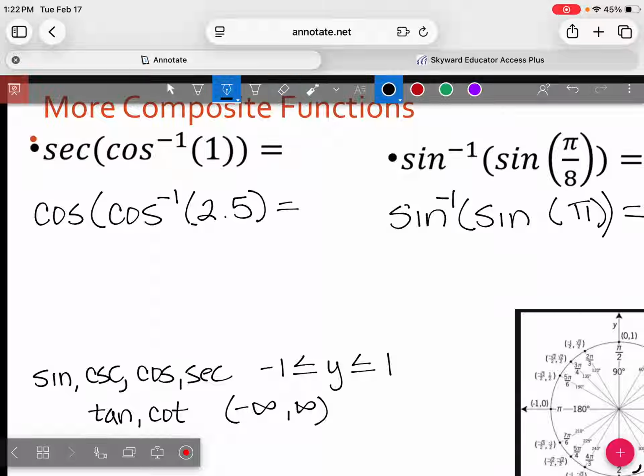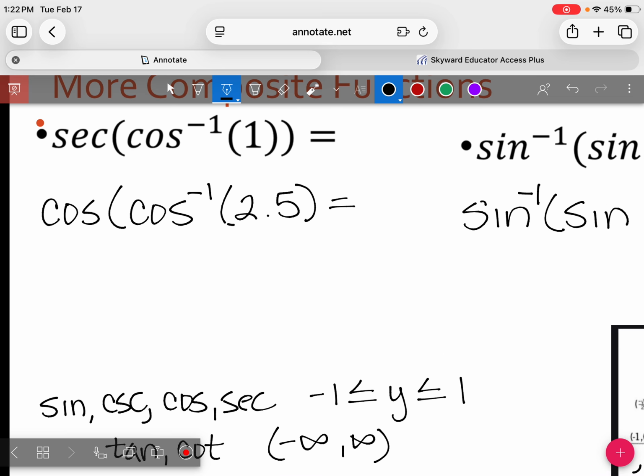All right, so let's look at these two. The first thing you're going to ask yourself before you proceed is, is this number within my range? Yes or no? It is. All right, so we can keep going.